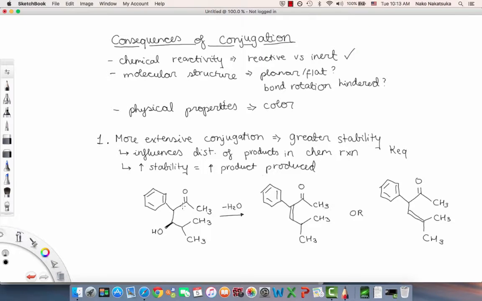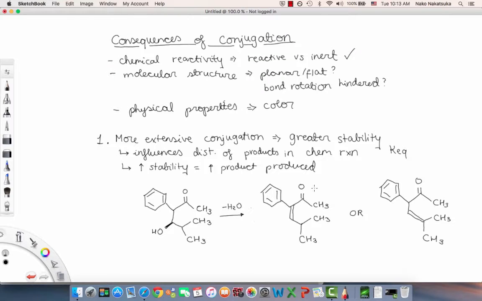And as an example, I drew out this particular reaction for you. So we start out with this particular molecule, we get rid of the water, and we end up with these two isomers. And what if someone asked you which isomer is going to be more prominent as the product when this undergoes this reaction? Well, let's look at it in terms of conjugation.